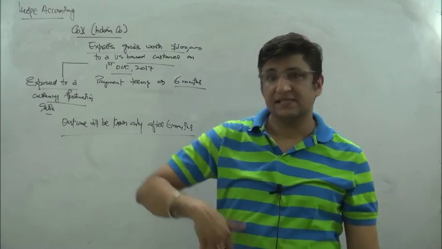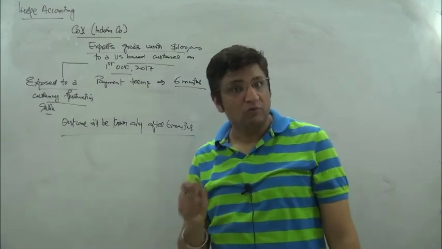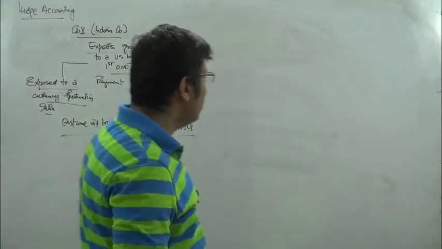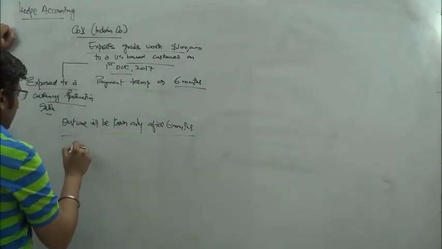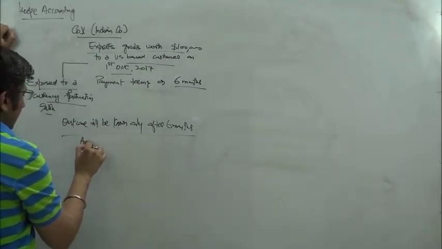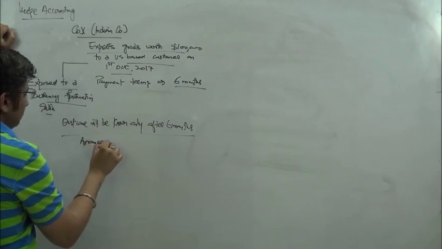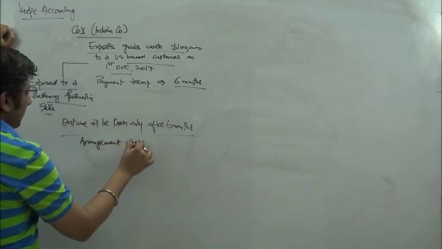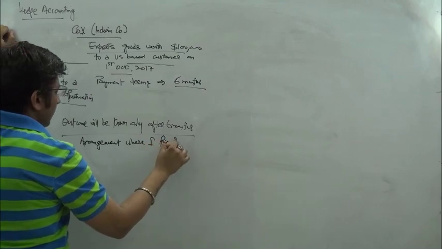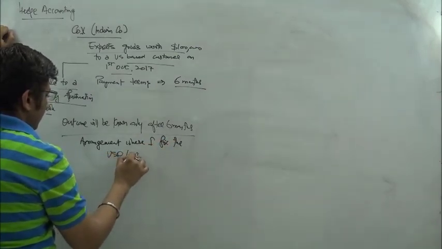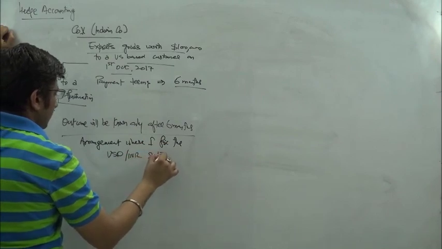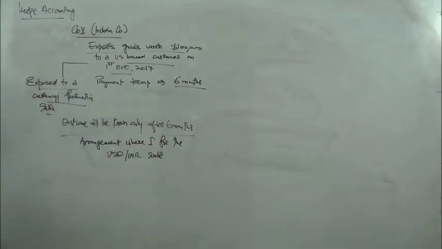Okay, so that is the risk. So what I may want to do is protect myself by getting into an arrangement where I fix the USD INR rate. Is it okay?